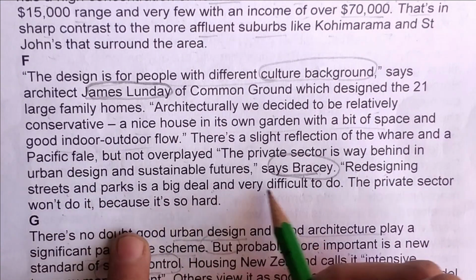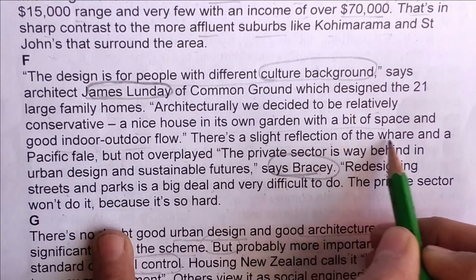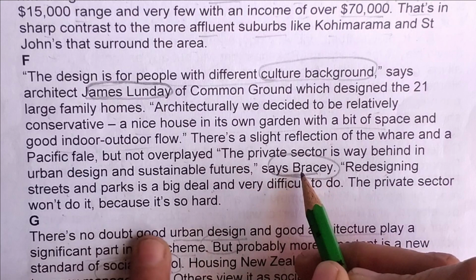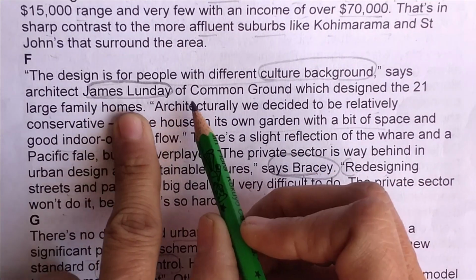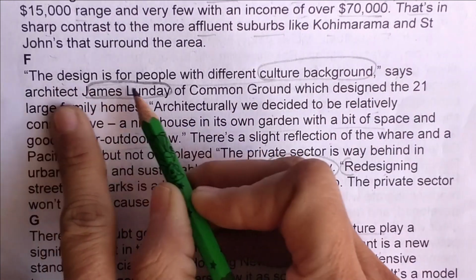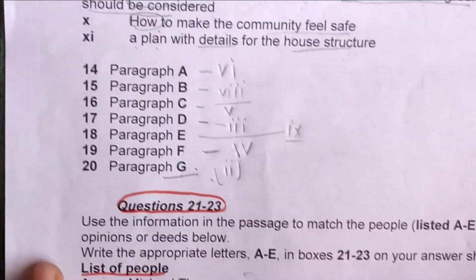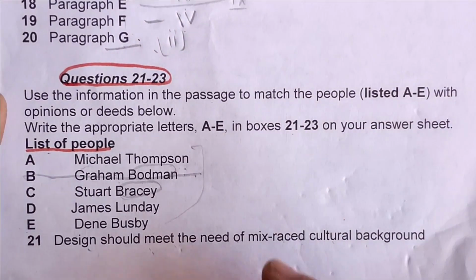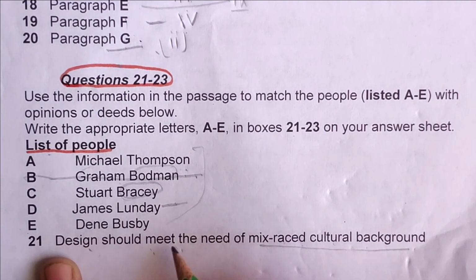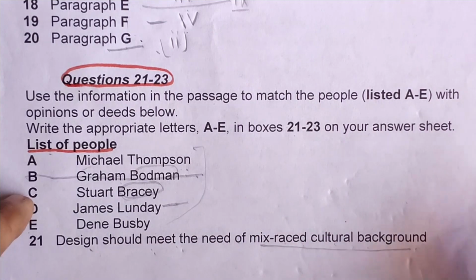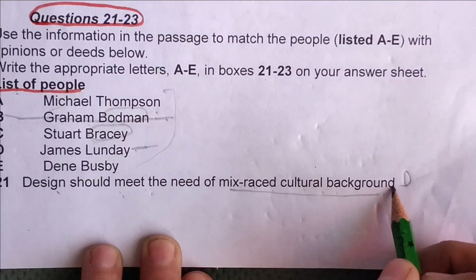There is a slight reflection of the Wear and Pacific, but no overplay. And here this person name is also here. Says the design is for people with different cultural background. Yeah, different cultural background, you can match it here, this mixed cultural background. So this person is saying this, D number. So with 21 we will be writing D.